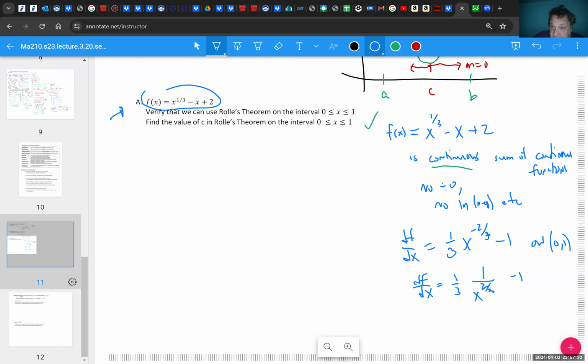Yeah, that's a 3. So this is not continuous. It has a problem, so it's not continuous at x equals 0 because you can't divide by 0. It's continuous everywhere else. There's no other problems. So that's the only place, right?